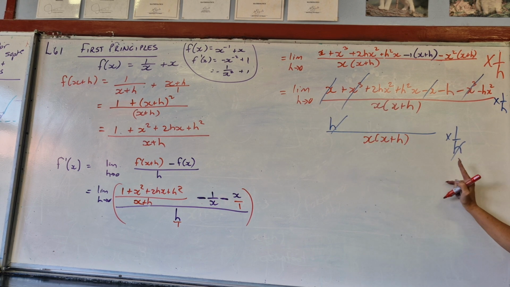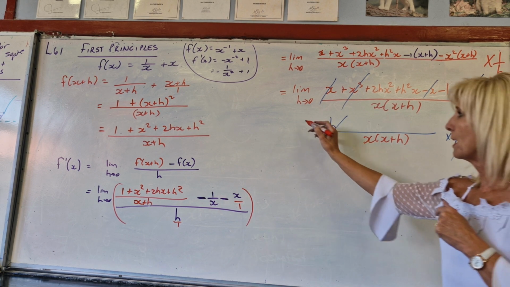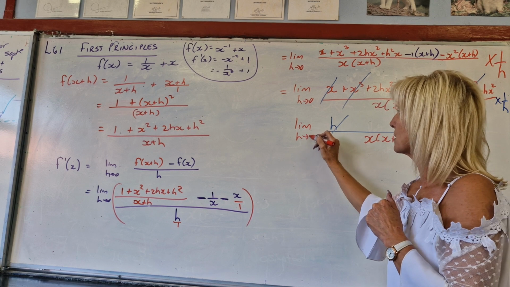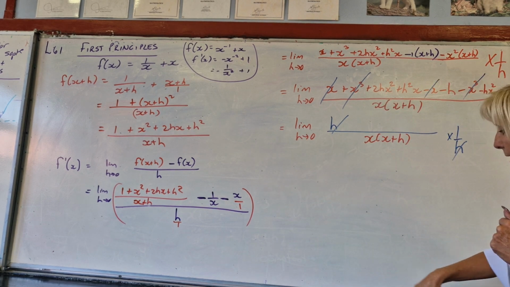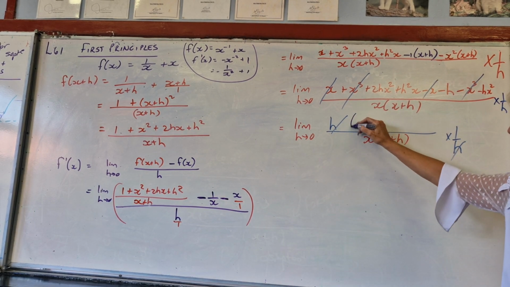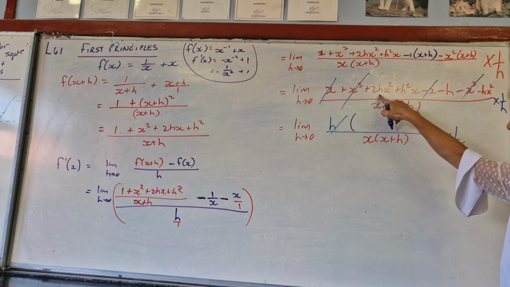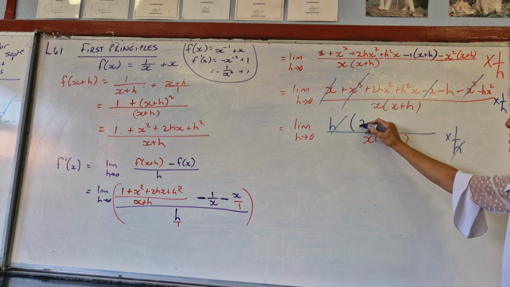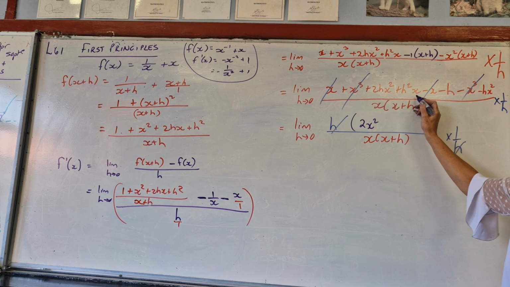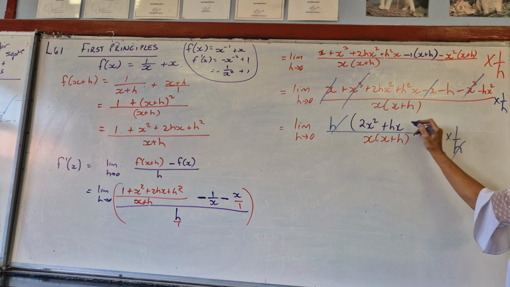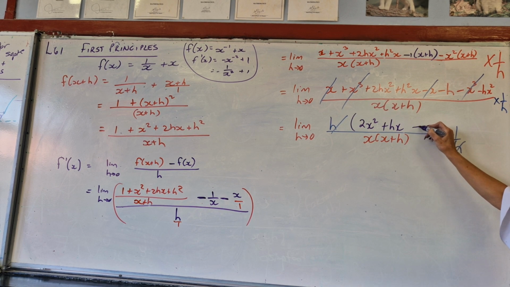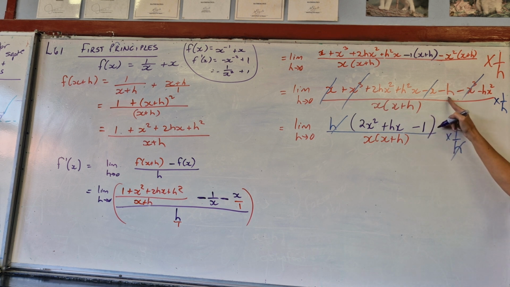Still, I must write limit of h tending to 0. And in the bracket after factorization, I have factorized by taking out a common h, 2x squared plus hx minus 1. Right? Taking out the common h.